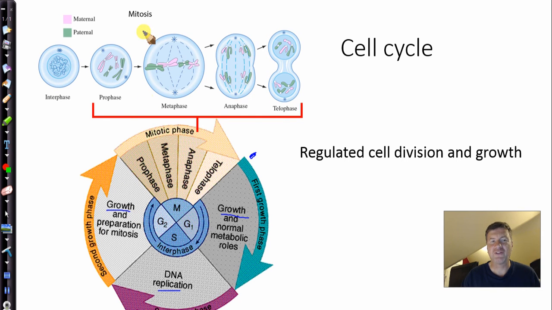And the division, there it is up here, is mitosis. So a cell is produced, grows, copies its DNA, grows some more, and divides into two daughter cells. Each of these cells will then grow, copy its DNA, grow some more, divide, and produce two new daughter cells, and so on, and so on, and so on.